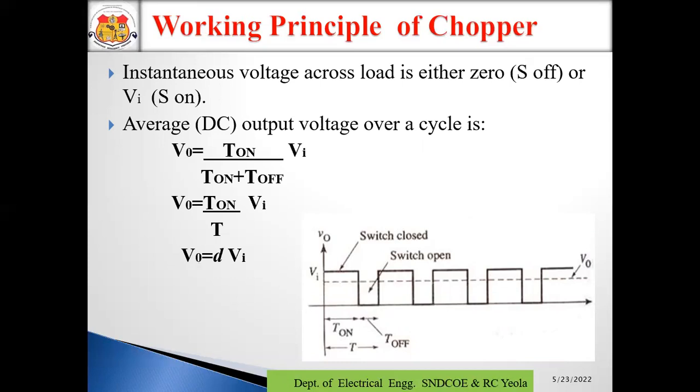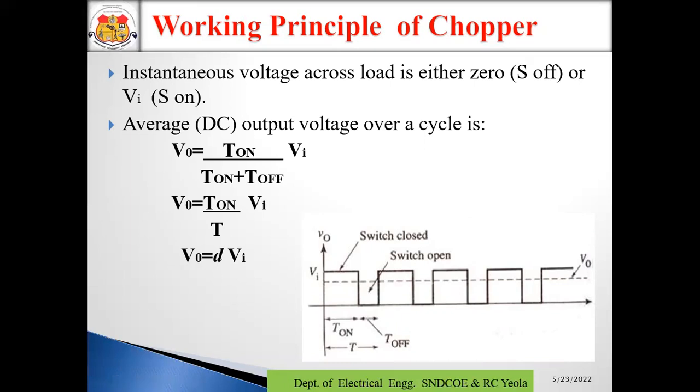So V0 equals T on upon the total time period, where the total time period is the combination of T on plus T off, into VI. So we can write the equation V0 equals D of VI, where D is the duty cycle or duty ratio.